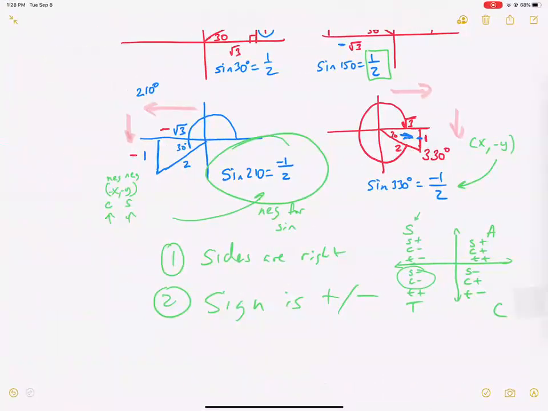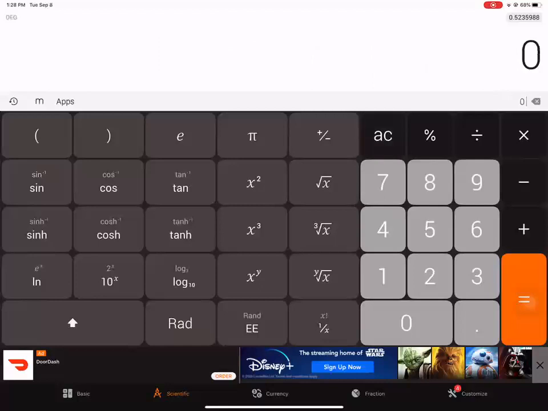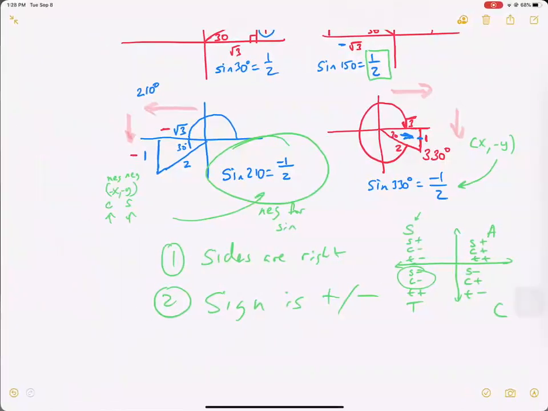Last one, angle 330 degrees. 330, sine, negative 1/2, which is exactly what we were hoping for in our answer here. So right now the current goal is to find the sine, cosine, tangent of angles, okay, without using a calculator.